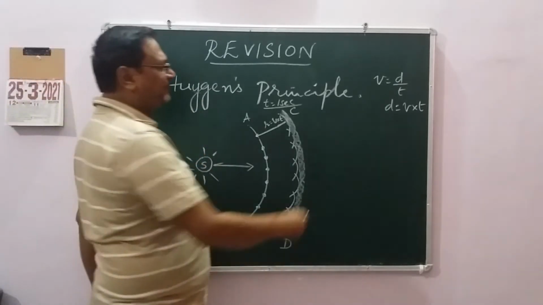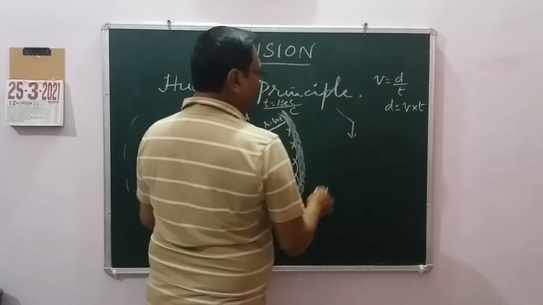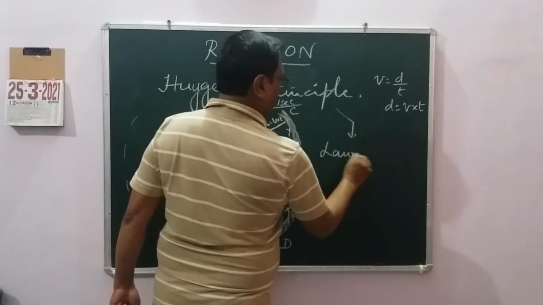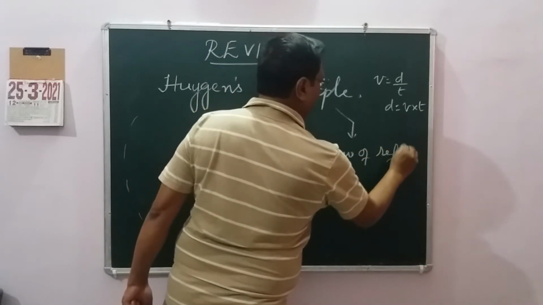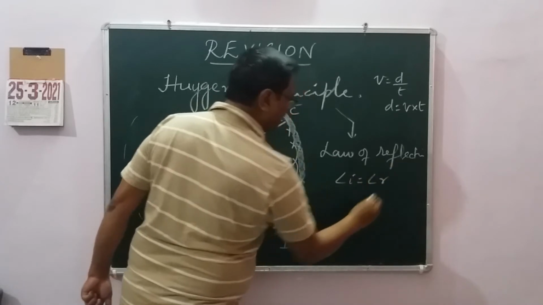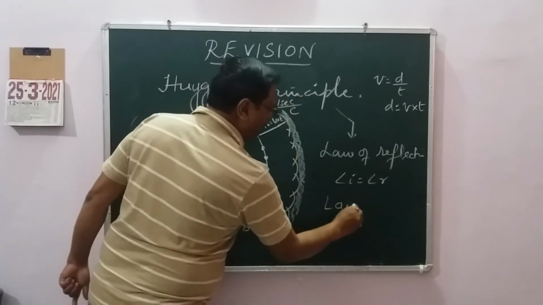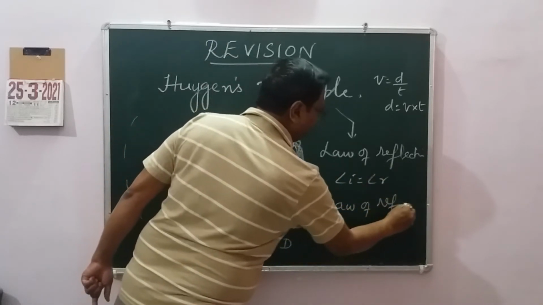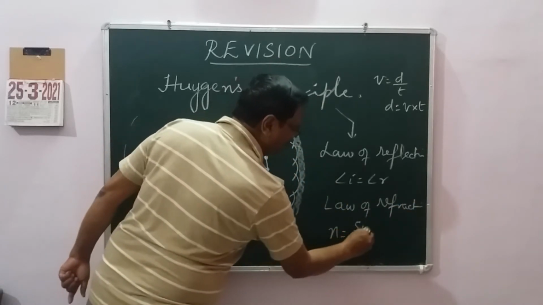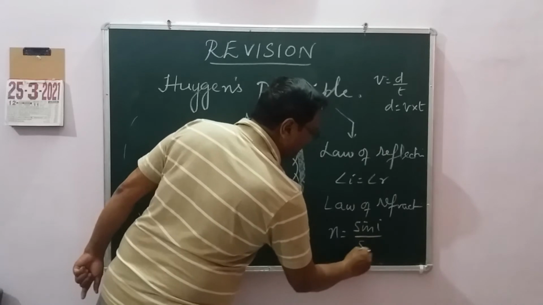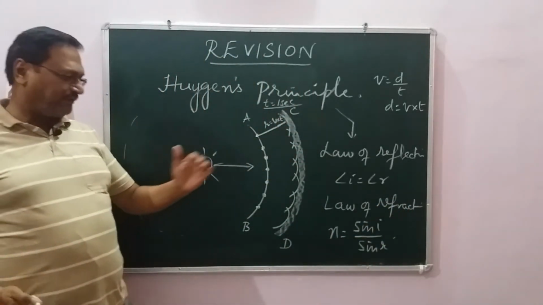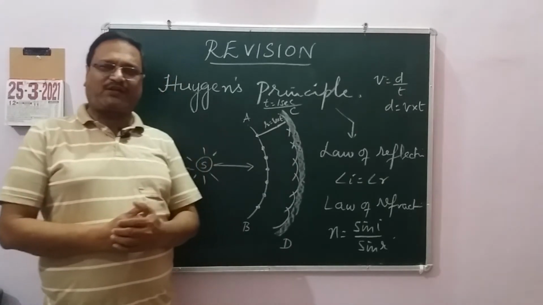Based on this, there can be 2 questions, and one is to prove the law of reflection, that is angle I is equal to angle R, and then law of refraction. Law of refraction is Snell's law, n is equal to sin I upon sin R, right? So these 2 things have to be proved, which will come in the 3-mark question.